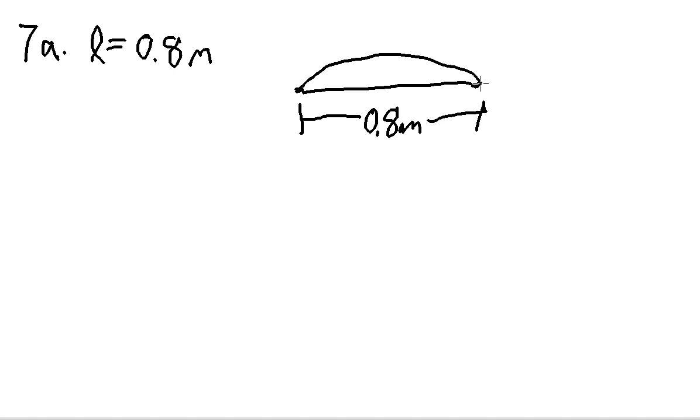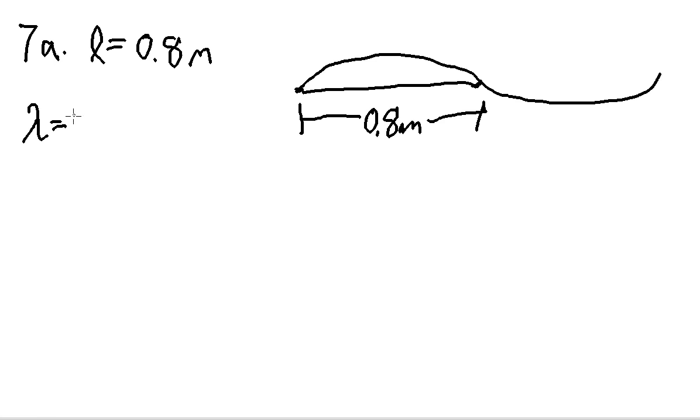So to keep this going, to make a full wave, or to figure out what the full wavelength would be, we would have to finish that wave. So this is that S I was talking about. So here you have half of a wave. So 7a says, what is the full wavelength?